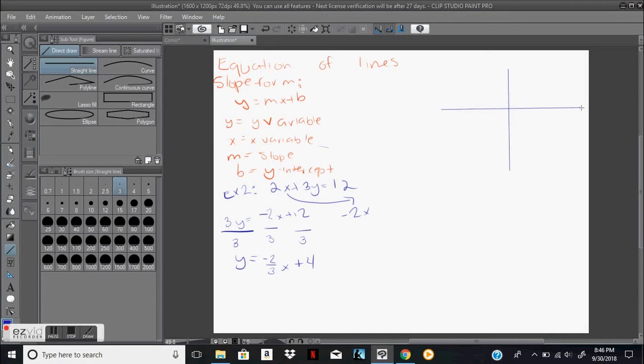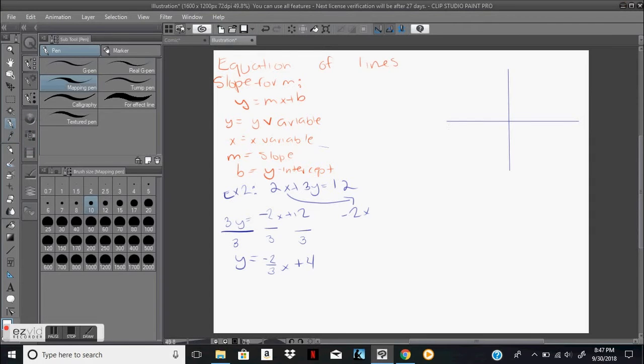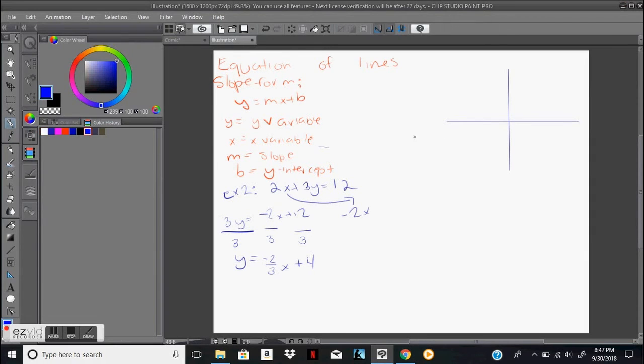Now I'm just going to set up another graph real quick. So we know that 4 is the y-intercept and -2 over 3 is the slope.